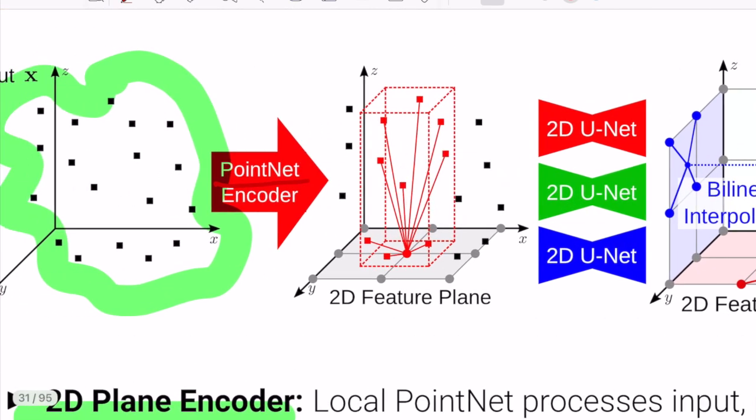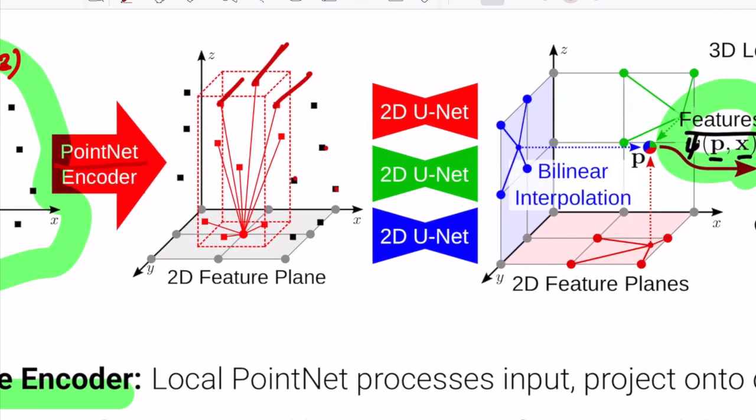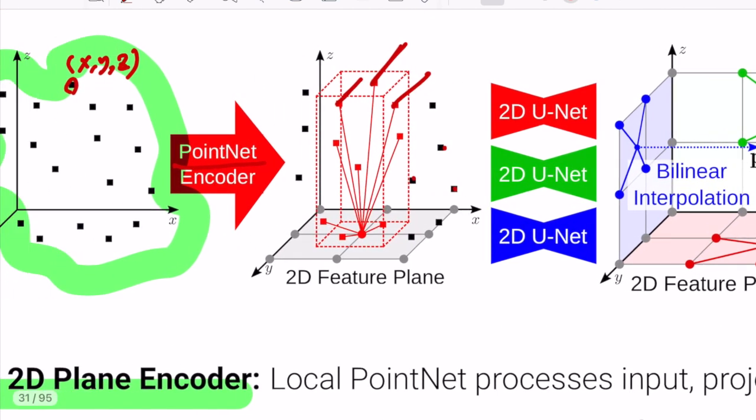So it means that each point can be some kind of vector, given x, y, z, for example. Then after PointNet, each point x, y, z can be some kind of vector. Let's just say this is a vector.